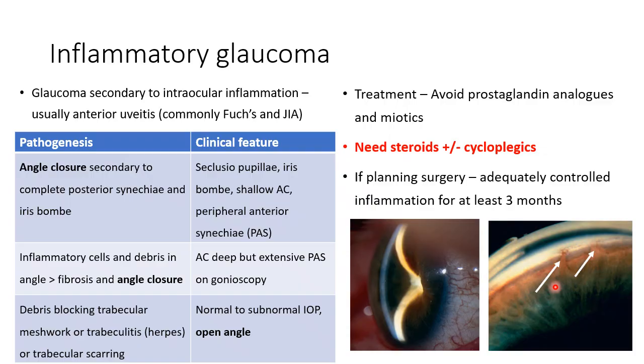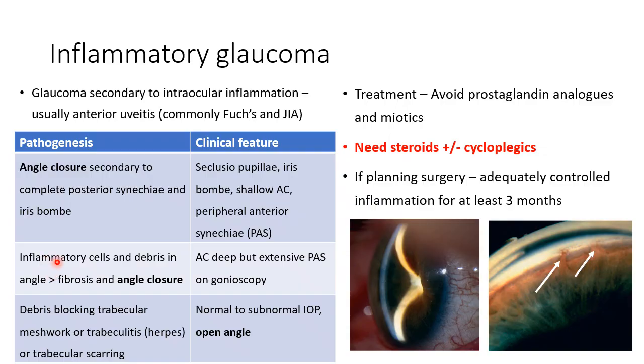So initially, what happens is this iris has come forward, and because of the inflammatory cells, it has stuck to the cornea in places, and sometimes these become permanent. So this is what your tiny peripheral anterior synechia looks like. These are very tiny PAS, these PAS, as I like to call it. These PAS may be very extensive also. Okay, so this is what peripheral anterior synechia look like.